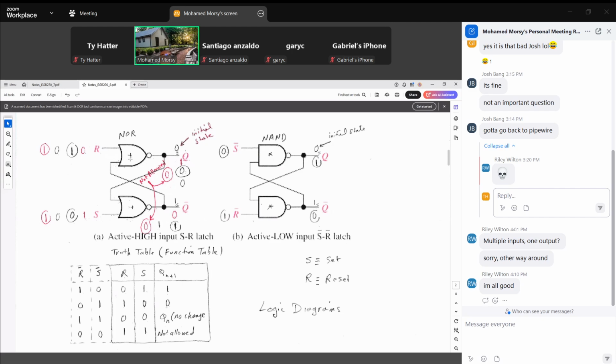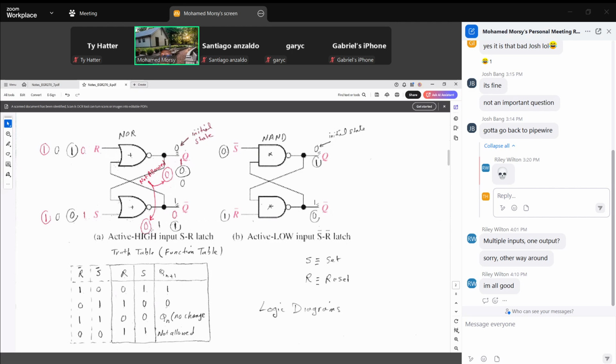This 0 goes to the other gate with 1 on the R input. So 0 and 1 is 1, inverted to 0. So we have another 0 here. Imagine now, you have Q is 0 and Q inverted is 0.